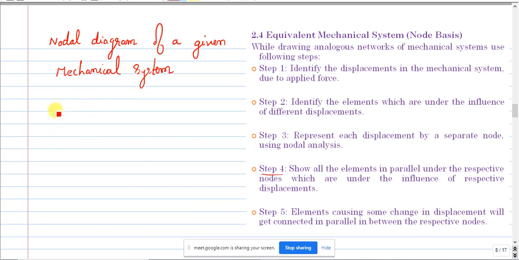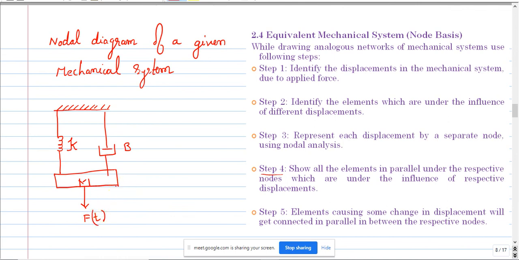So I will write an example of a spring and dashpot with a mass, with spring constant K and friction constant B. When there is a force F of t, you will have an output, that is displacement x of t. Now you need to understand what kind of motion it is.